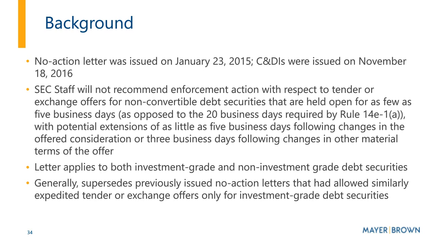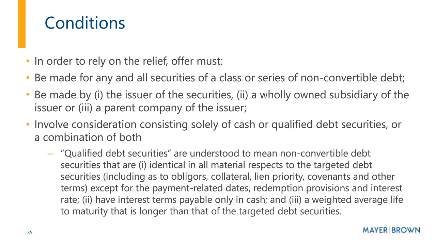In most cases, we'll see that there's some rigidity relating to some of the conditions. As I mentioned, the relief is available only for eligible transactions, and so it has to relate to a class of non-convertible debt securities. So if you're dealing with a convert, then we fall back to the prior guidance.